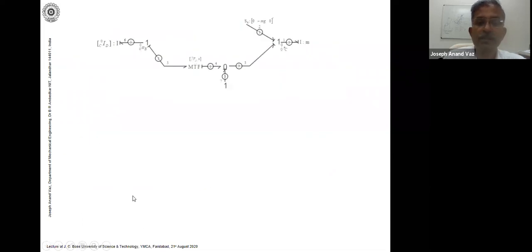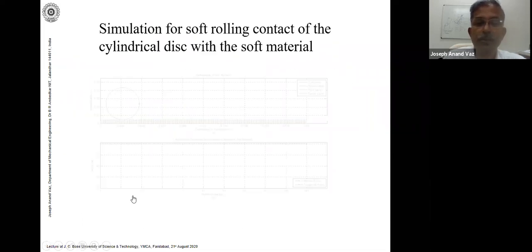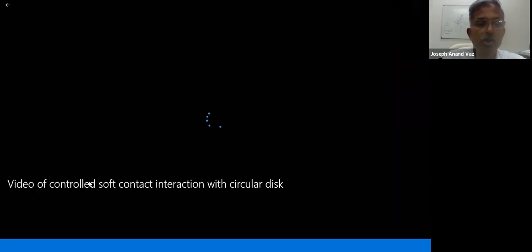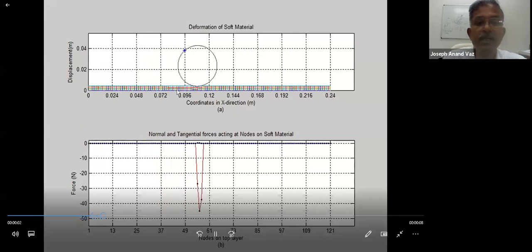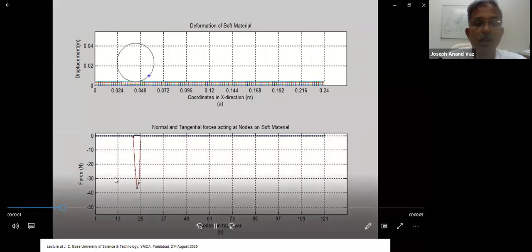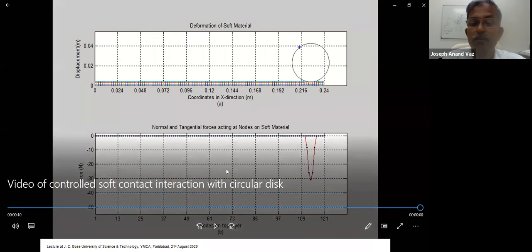I'm going to skip this theory part, and come to this part where you have the layers of the soft material, and you can see there is this disk rolling on the soft material and how the layers align. Here below you have the normal as well as the tangential forces shown. The normal forces in red and the tangential forces in blue.